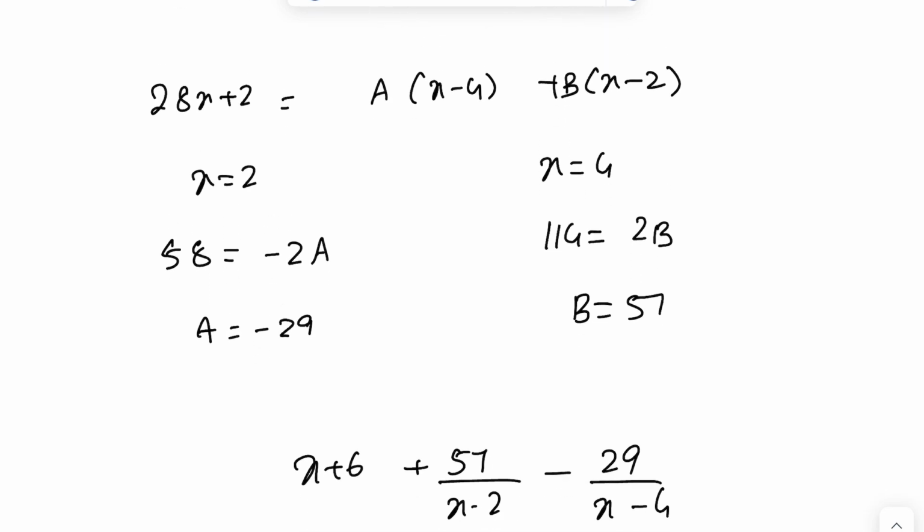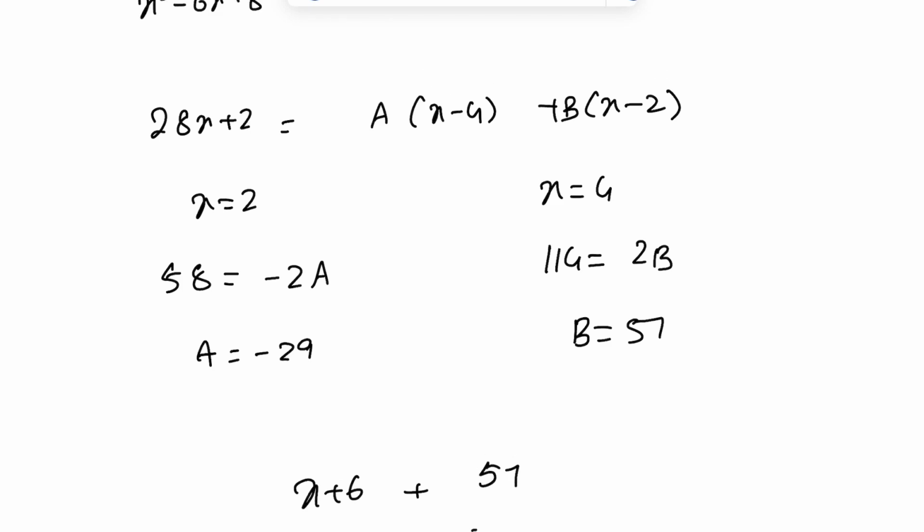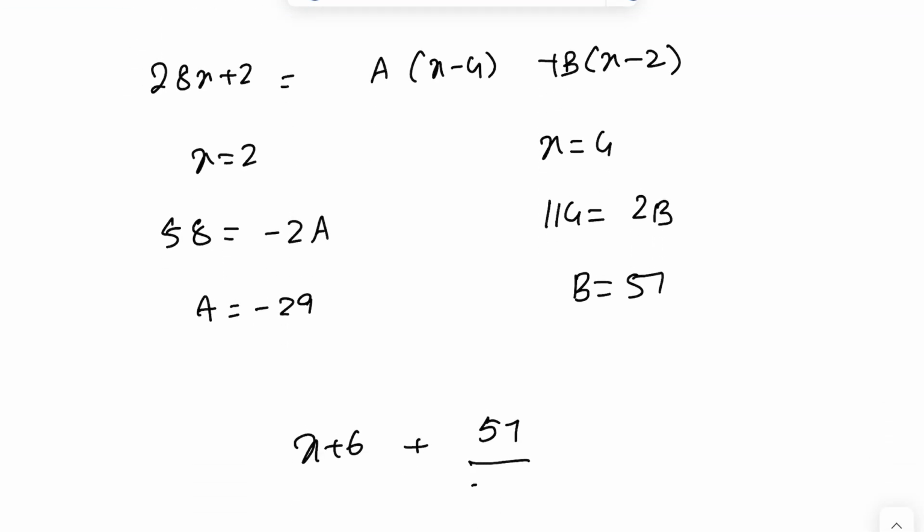So over here the answer is going to be 57 upon x minus 4 minus 29 upon x minus 2. That's going to be the answer.